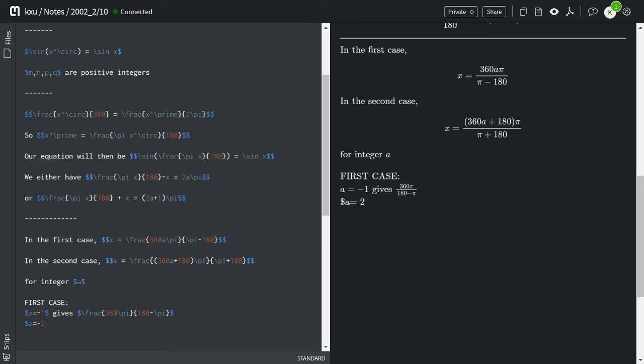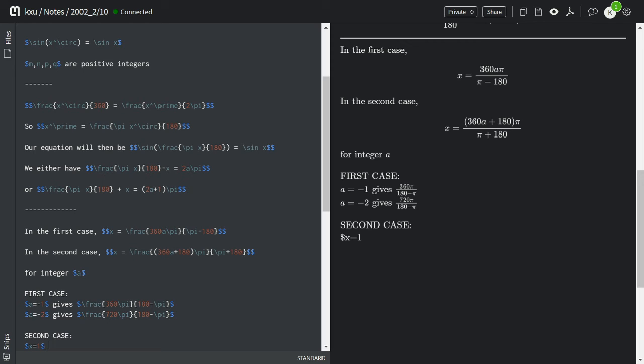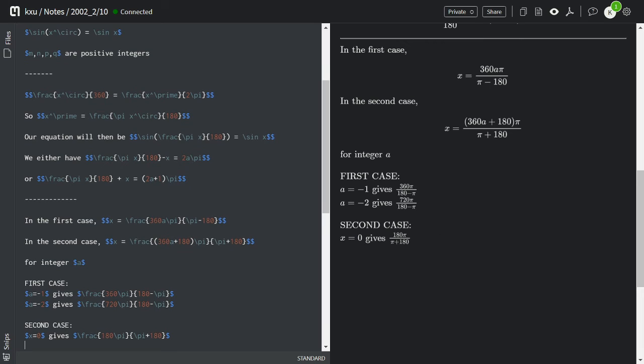And a equals -2 gives 720 pi over 180 minus pi. In the second case, we're starting from a equals 0. So that gives us 180 pi over pi plus 180, and a equals 1 gives 540 pi over pi plus 180.